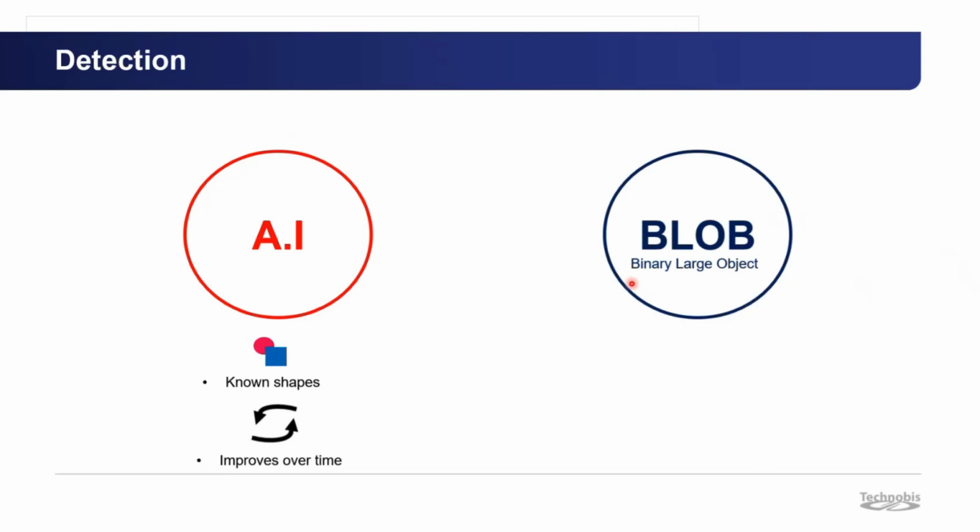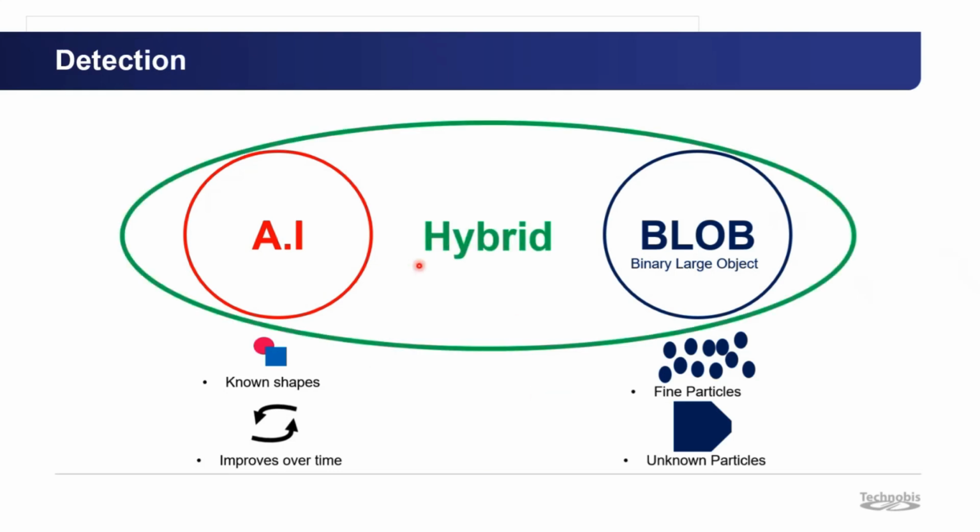Next is BLOB, which stands for Binary Large Object, and this is particularly good for fine particles or particles of unknown shape that aren't yet recognized by the AI. And finally, we have hybrid, which is a combination of the two, but gives hierarchy decisions to the AI. So when there are 2 objects both detected by the AI and blob, the AI decision will be taken as the value.